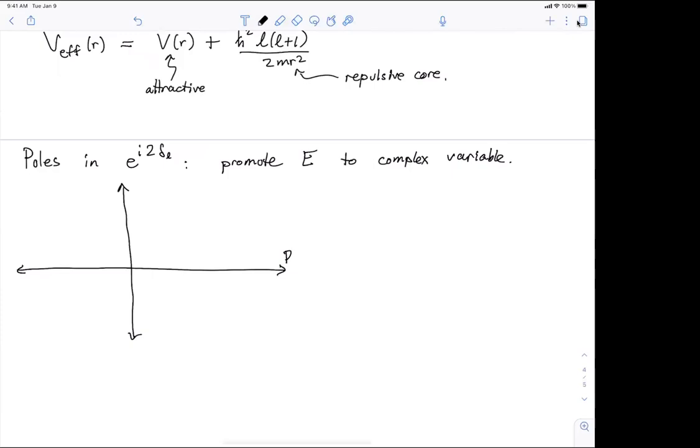So this axis is the real part of the energy. This axis is the imaginary part of the energy. And then we can put a dot wherever there's a pole in the scattering amplitude. And so what we've learned is that on the negative real axis, there are bound states. They live right on the axis. There's no imaginary part. And then below the real axis, with negative imaginary part, there are resonances.